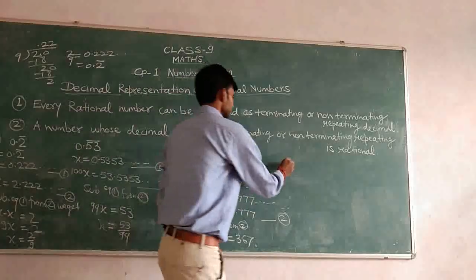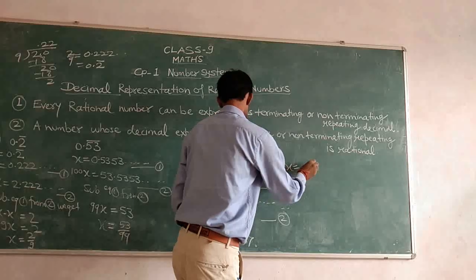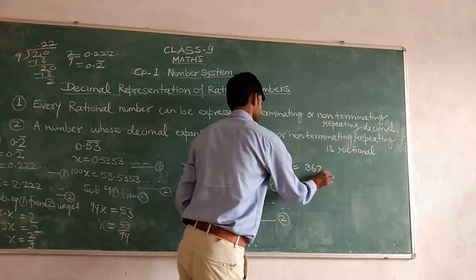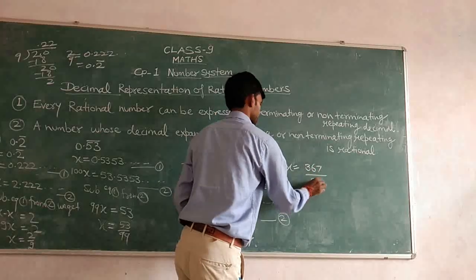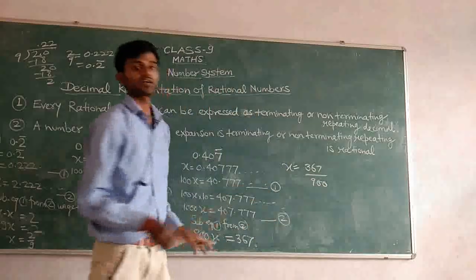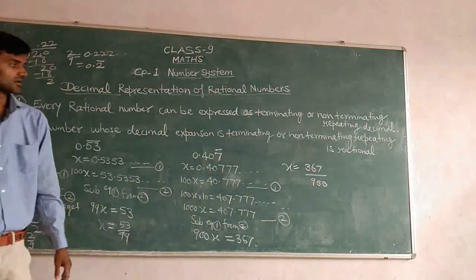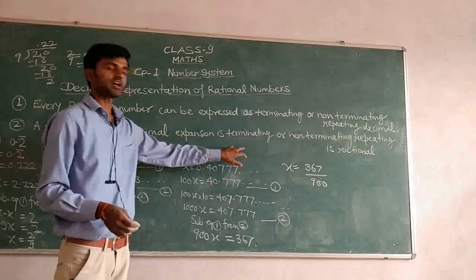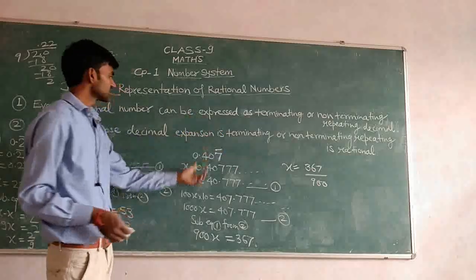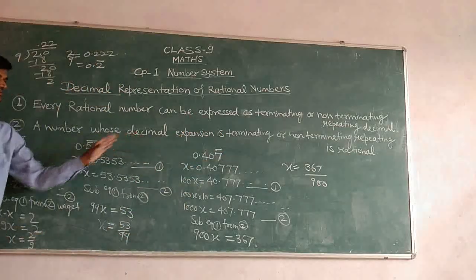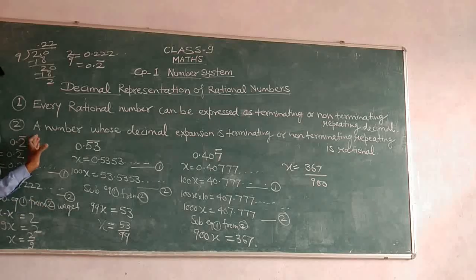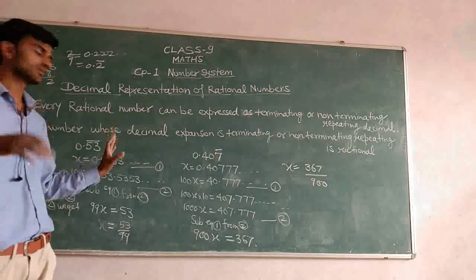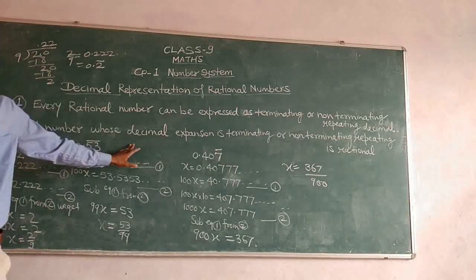Now x is equal to 367 upon 900. This is the rational number which can never terminate. So practice these questions of changing non-terminating decimals into rational numbers.